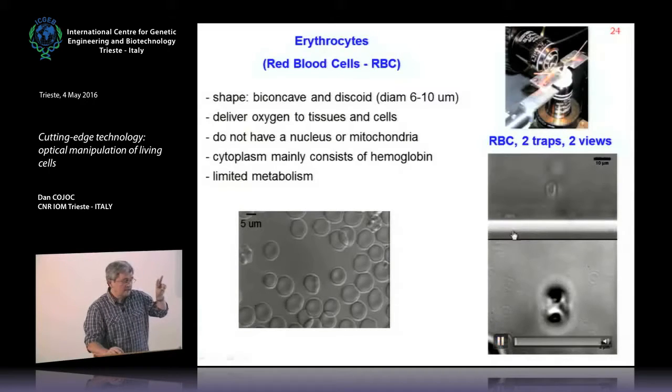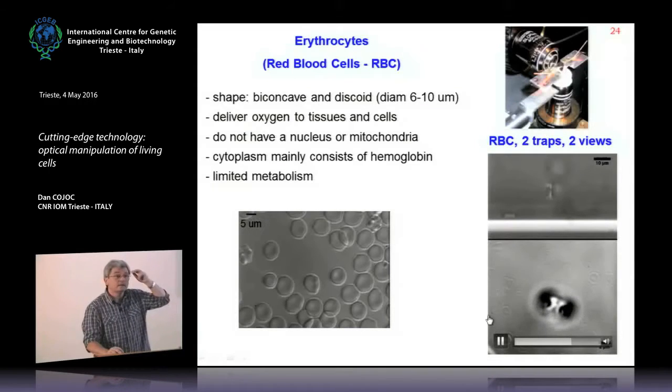This is a capillary wall, and you see the red blood cell. It is rotating. Here is the lateral view, and this is a top view, which is at a higher magnification. So it's clear?